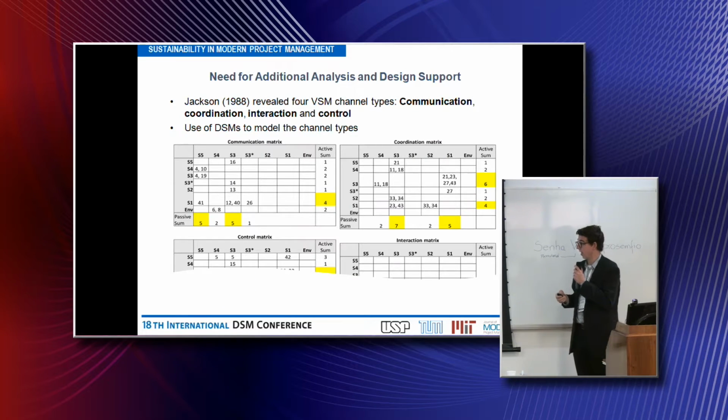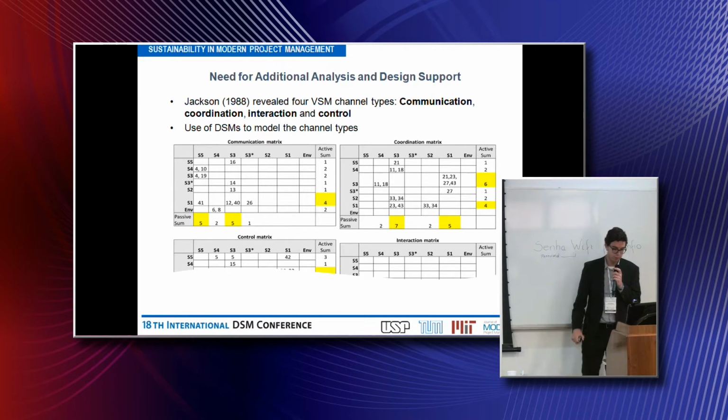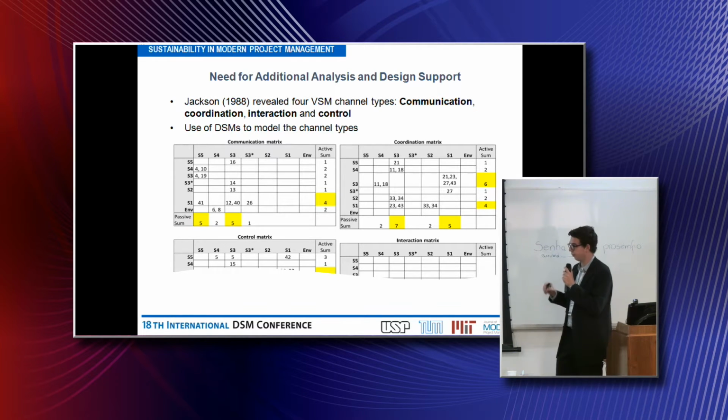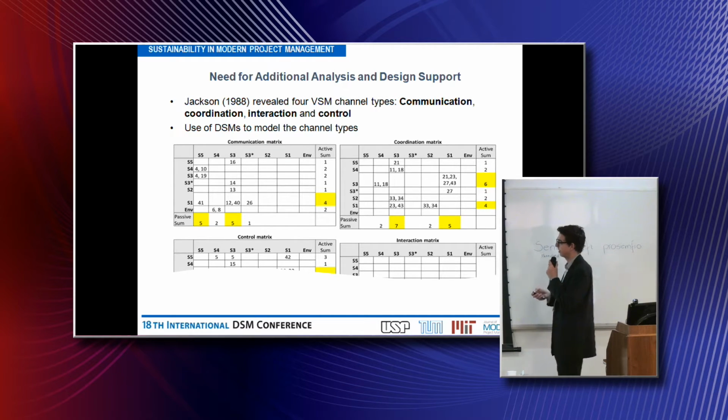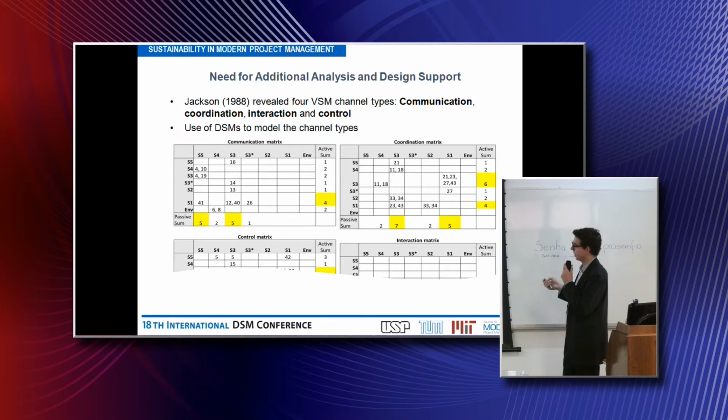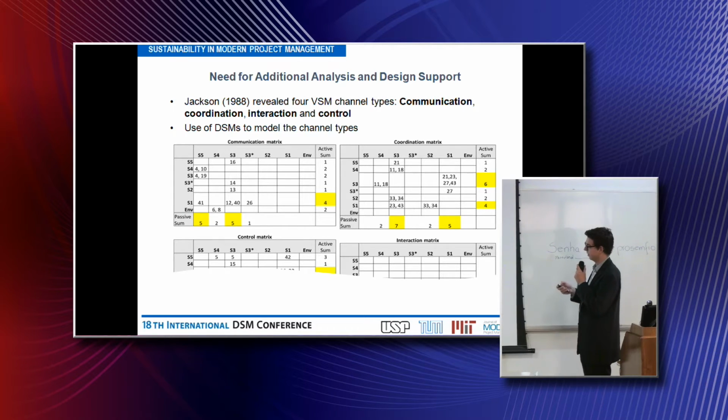And when you look more in detail into how the different systems should interact, there are 4 categories. There can be communication, which is just the exchange of information. There could be coordination, interaction, and control. So there are different ways of interacting. And not all of the subsystems should interact or coordinate based on the functional description.